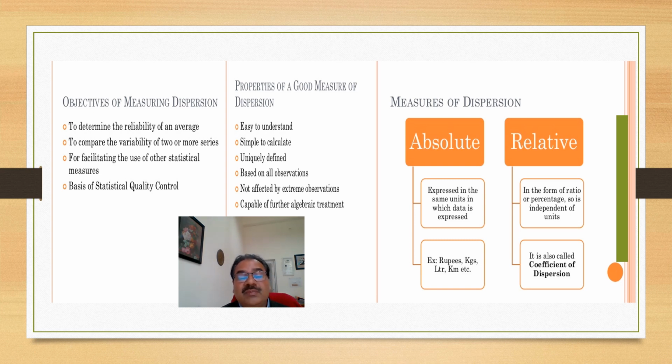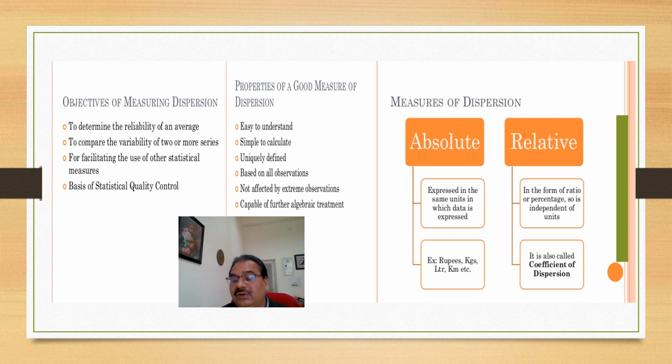Now, what are the properties of a good measure of dispersion? It is easy to understand, simple to calculate, uniquely defined, based on all observations, not affected by extreme observations, and capable of further algebraic treatment. There are two categories of measures of dispersion, absolute and relative. Absolute means expressed in the same unit in which data is expressed, like rupees, kilogram, liter, kilometer.